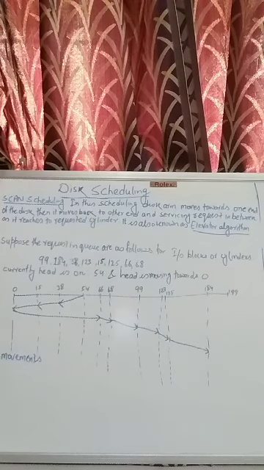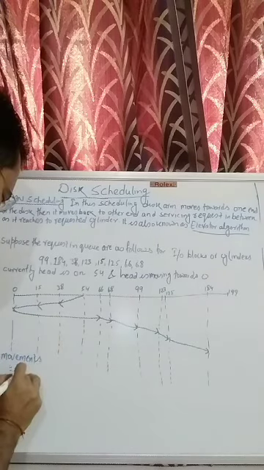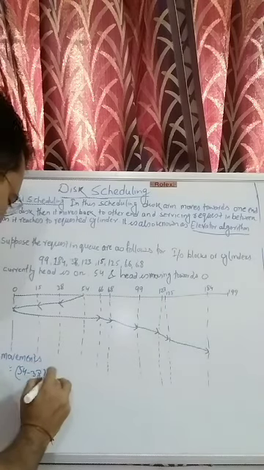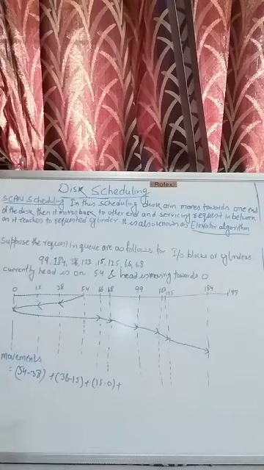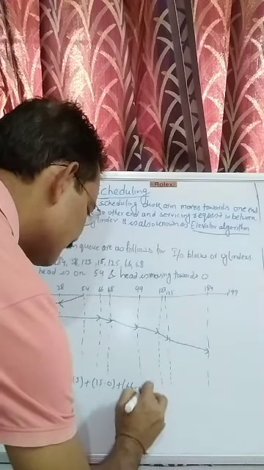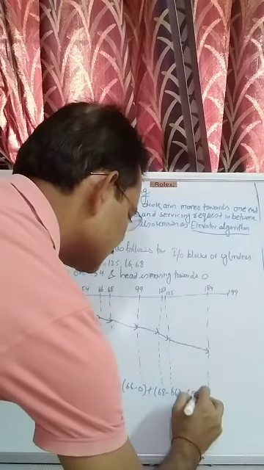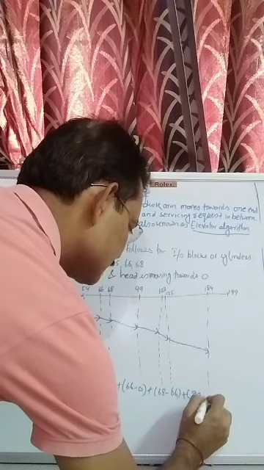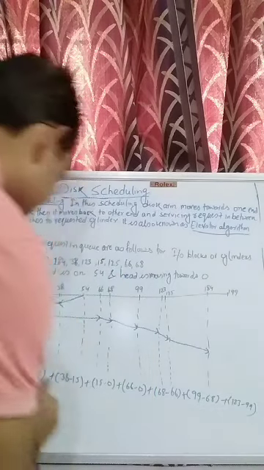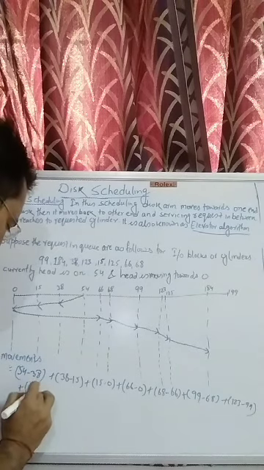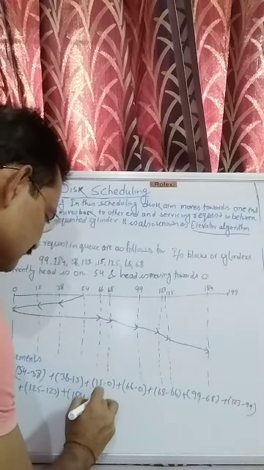So these are the requests processed in scan scheduling. The total head movements in this scheduling are 54 minus 38 plus 38 minus 15 plus 15 minus 0 plus 66 minus 0 plus 68 minus 66 plus 99 minus 68 plus 123 minus 99 plus 125 minus 123 plus 184 minus 125.